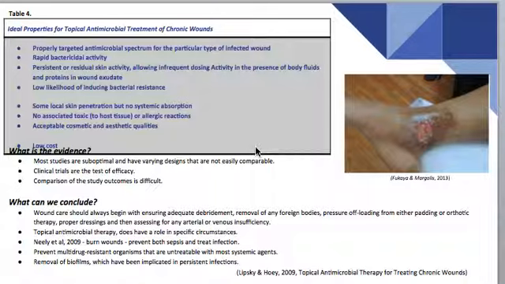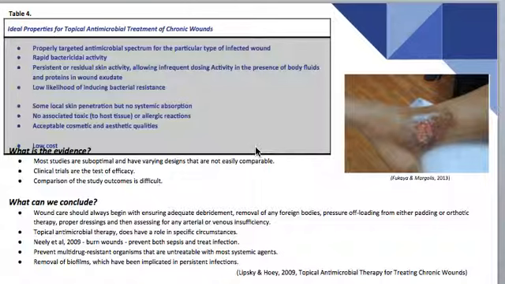Wound care should always begin with ensuring adequate debridement, removal of any foreign bodies, and pressure offloading from either padding or orthotic therapy, proper dressings, and then assessing for any arterial or venous insufficiency. Topical antimicrobial therapy, although not currently advisable for most clinically uninfected chronic wounds, does have a role in specific circumstances.